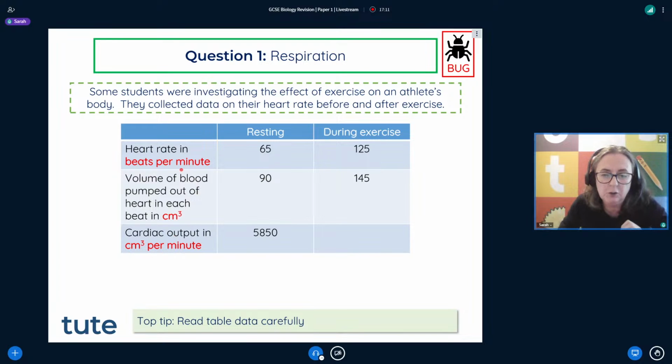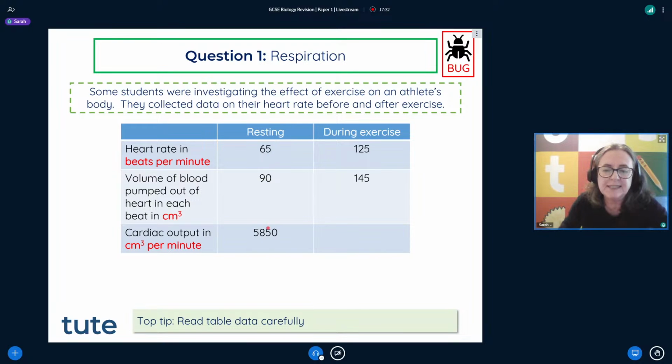And right there, you've got a clue about where that comes from, because the heart rate is beats per minute, and the volume of blood pumped by the heart each time is measured in centimeters cubed. So really, this is the rate at which your heart pumps out blood in 1 minute. It's centimeters cubed per minute. It's important to be alert to units.